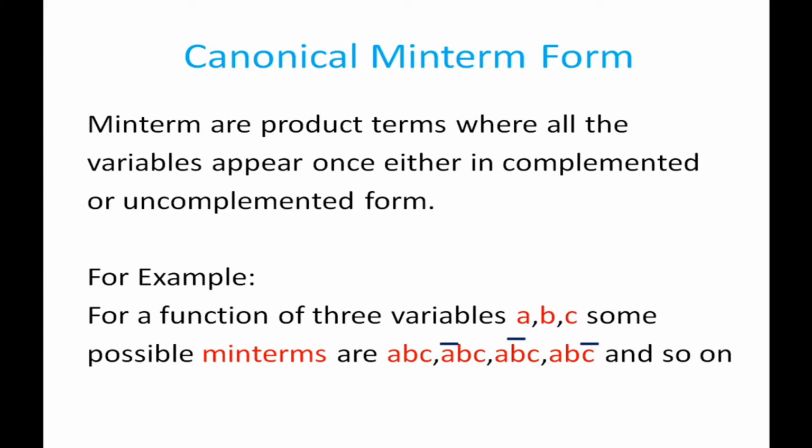Some of the possible min terms that can be produced from these three variables are a, b, c; second, a bar, b, c; the third possible min term is a, b bar, c; and the fourth is a, b, c bar, and so on.